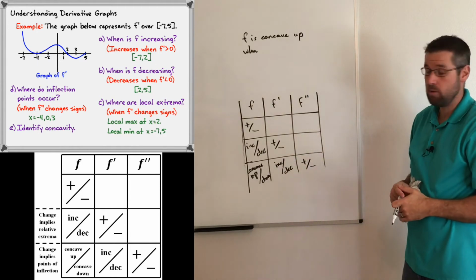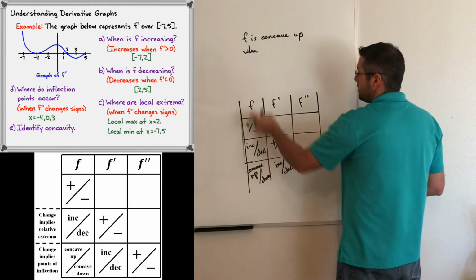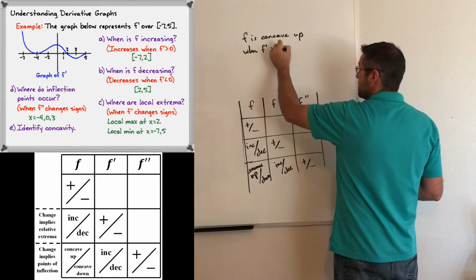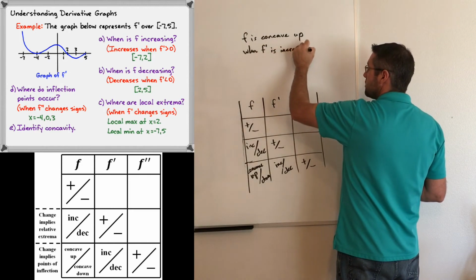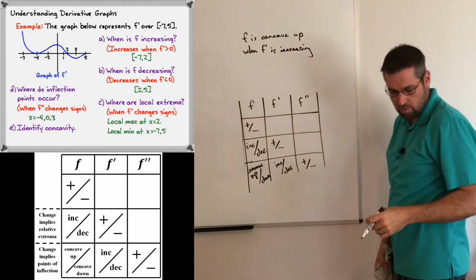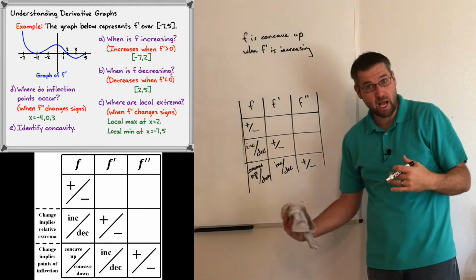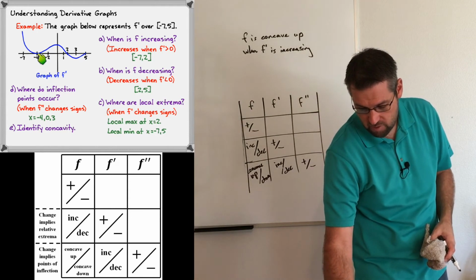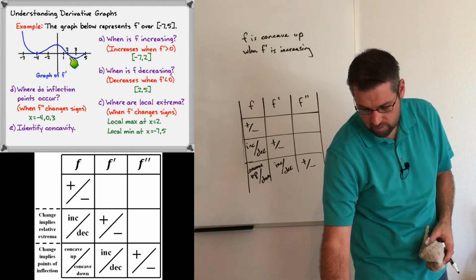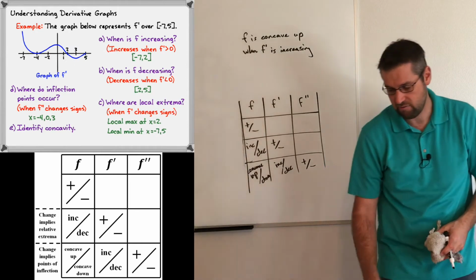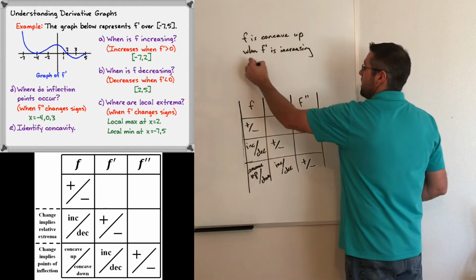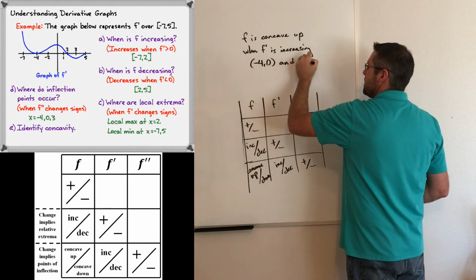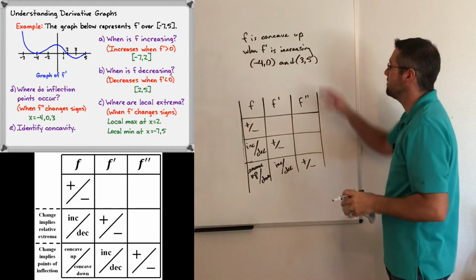Since we're looking at the F prime graph, we're going to be looking at this guy. So we would say F is concave up when F prime is increasing, meaning going uphill. F prime is increasing from -4 to 0 and from 3 to 5. Okay, so that's when F is concave up.